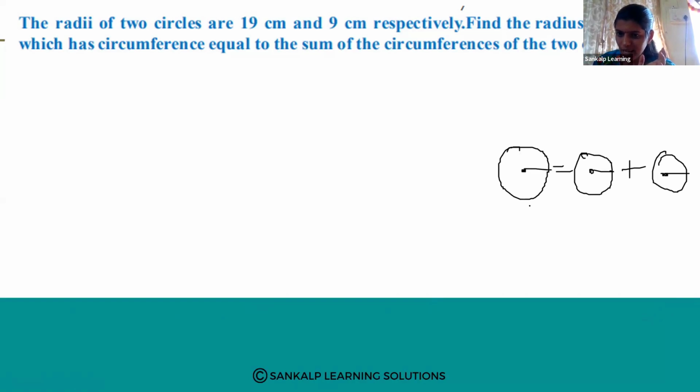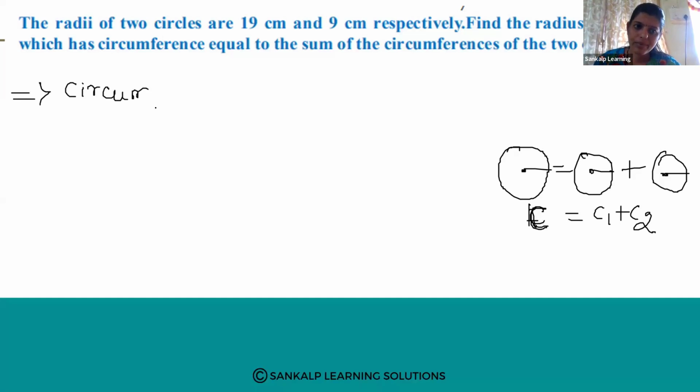Yes. So this is big circle A, or you can call this as C. This C means circumference, C1 plus C2. Right. So this one circle's circumference is equal to the sum of circumference of these two circles. So you know the circumference formula. Yes. Circumference of a circle is 2 pi r.